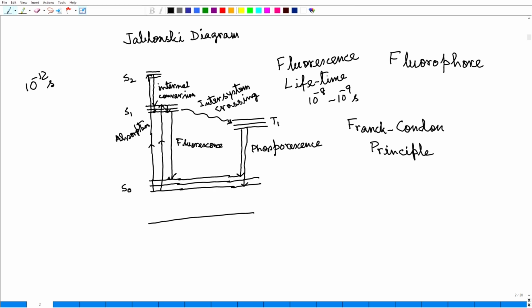Now, we could make use of this fluorescence phenomenon in purposely built systems, fluorophores, supramolecular systems.